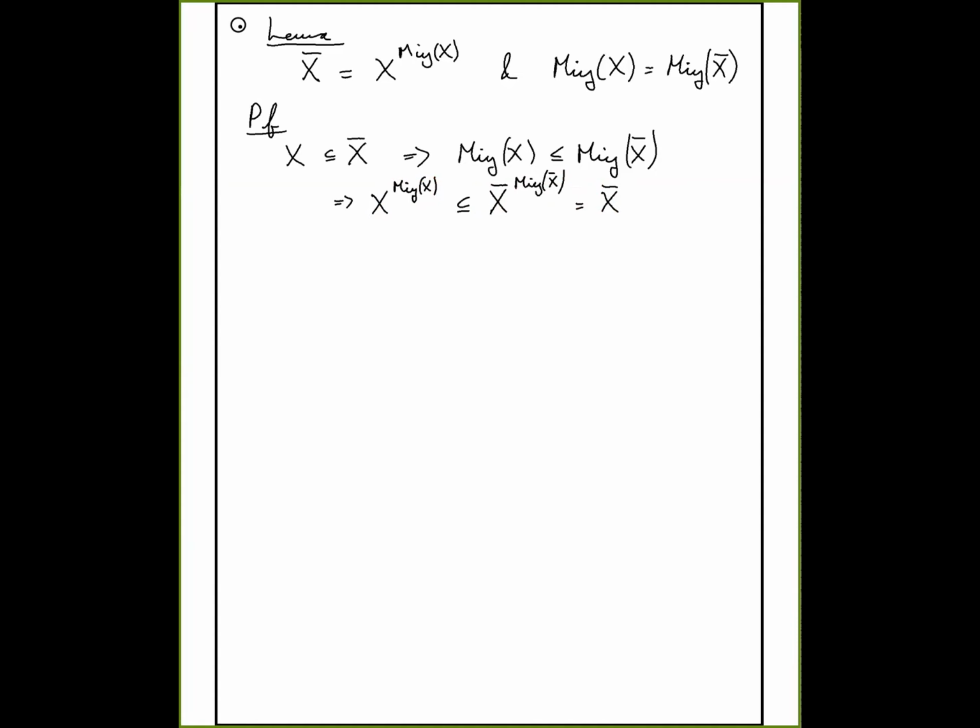So to show the reverse inclusion, I want to show that X bar is contained in here. It will suffice just to show that this is closed. Because if this is closed, and this is a closed set which is contained in it, well, it must be the unique smallest one, so they must be equal. So I need to show that X, Miyamoto of X, is closed.